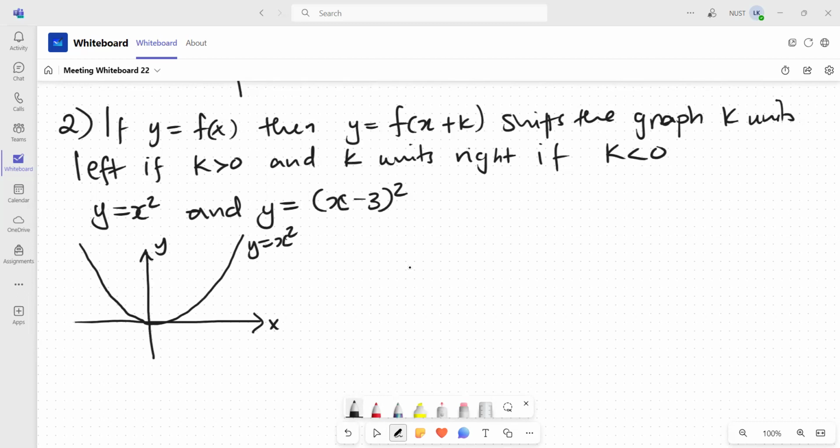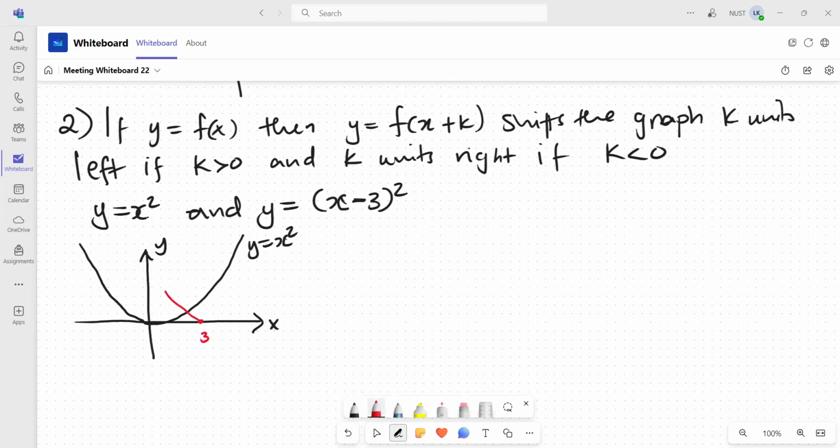So here we have x minus 3. So here, this is a negative number. So here, if you look at the rule, if it's negative, it means you shifted that many units to the right. So every point here on this graph is going to be shifted 3 units to the right. So this point here, which was at the origin, is going to shift somewhere here. It's now going to be at 3.